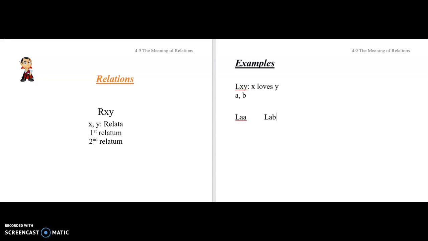So you've got A loves himself and you've got A loves B, but you've also got B loves A and B loves himself. Okay, so this is 4 possible sentences now that you've got 2. All right. What if you had 3? How many possible sentences could you form? Pause now.